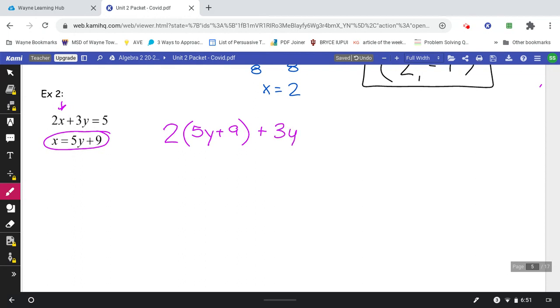Finish off the rest of the equation. So you're writing this exact equation, but you're substituting out that x. Then we distribute. You're going to get 10y plus 18 plus 3y equals 5.